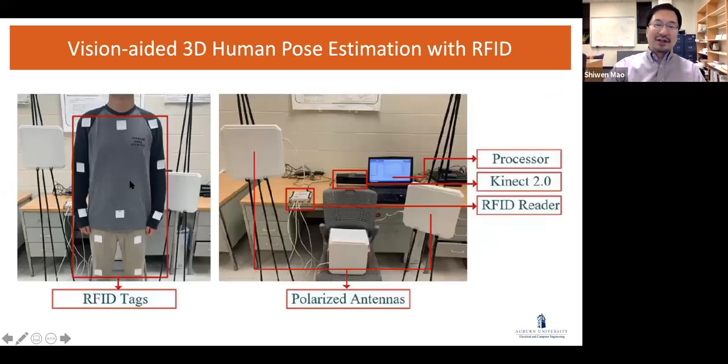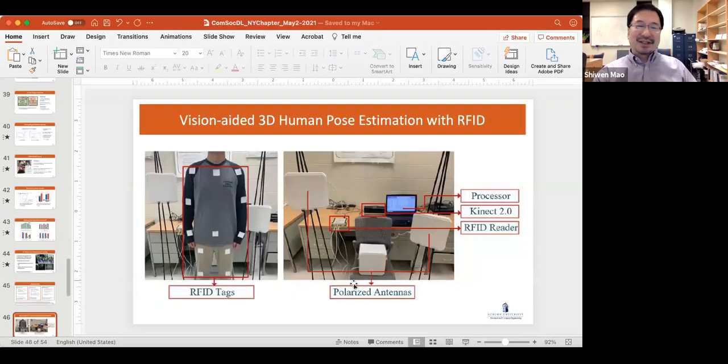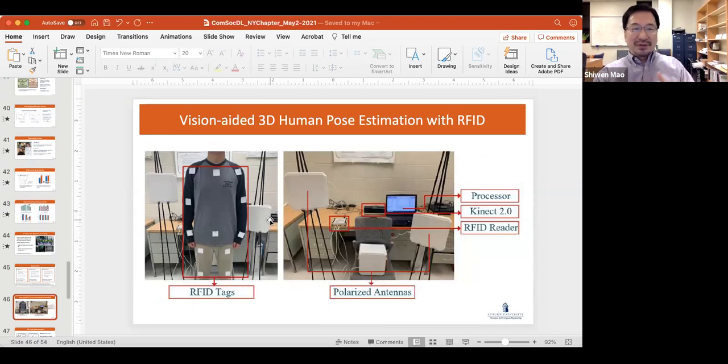It's like this. So we put the RFID tags on the body. It's not really on the body, but on the clothes. We tried different kinds of clothes. For example, for respiration rate monitoring, we tried different clothes.